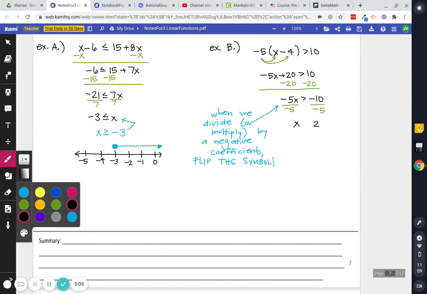Okay, good talk. That means that this greater than has now become a less than, which means that when we dive into our number line, that is going to impact how we draw it.